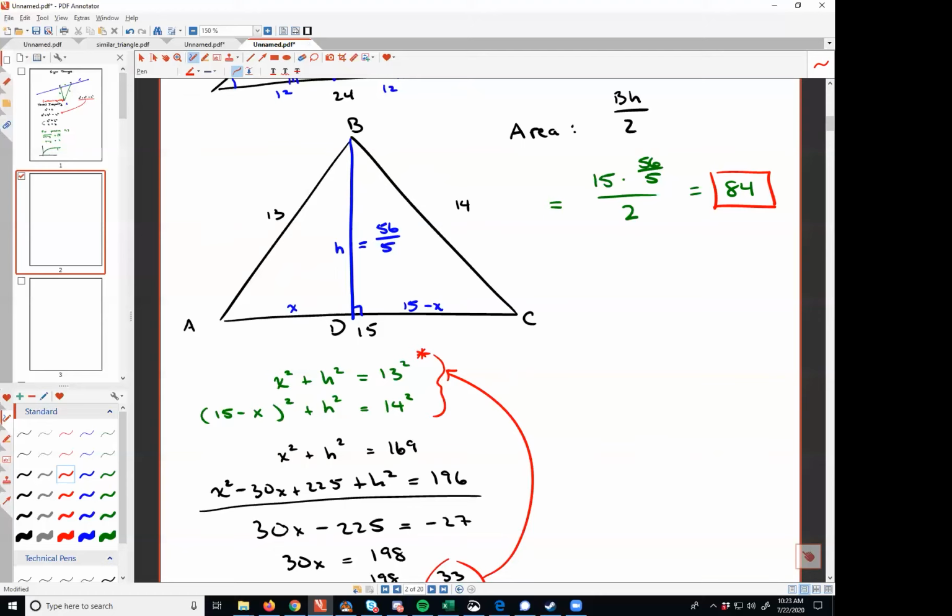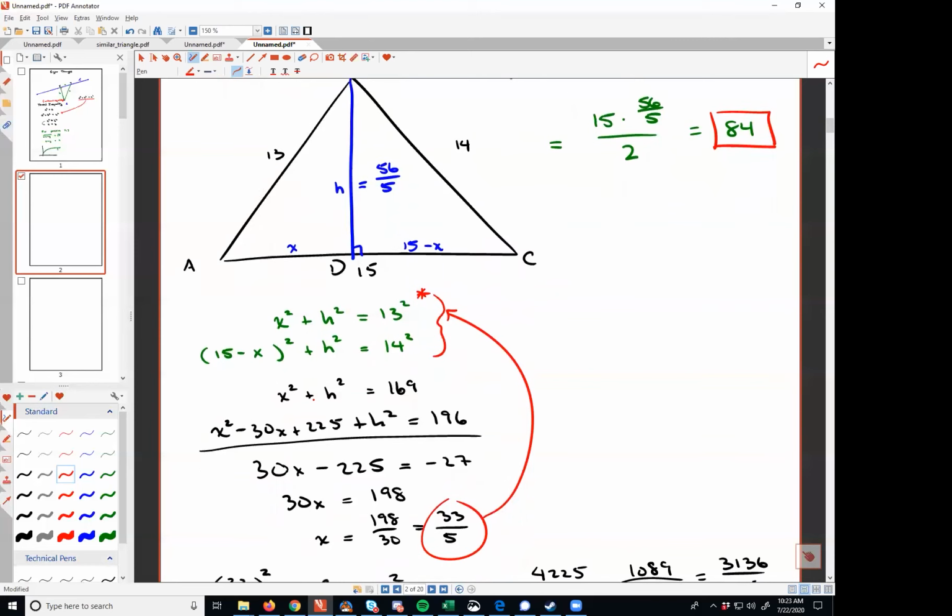Well, we basically used simultaneous equations to solve for H. First with the left side triangle ADB and BDC by showing the equations that we could form using the information we already had. And then we expanded. We know x squared plus h squared is already in the equation. 169 brought it to the other side and subtracted, and we'll switch the 30x minus 225.